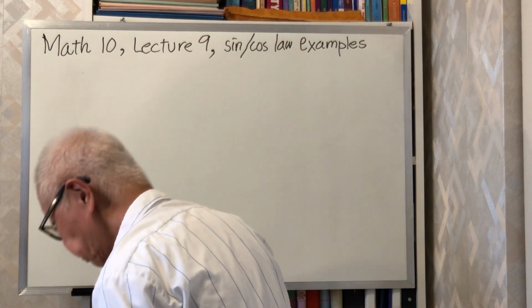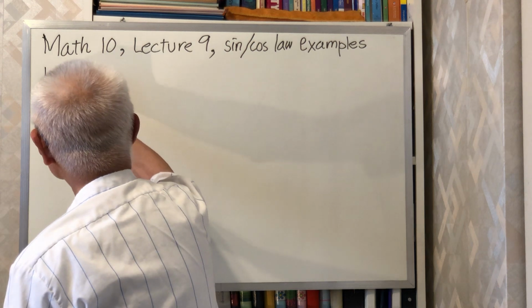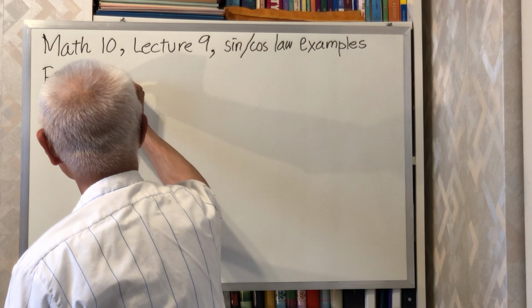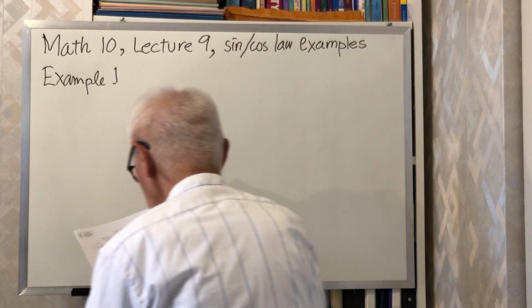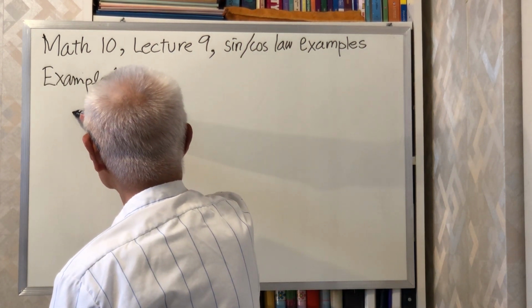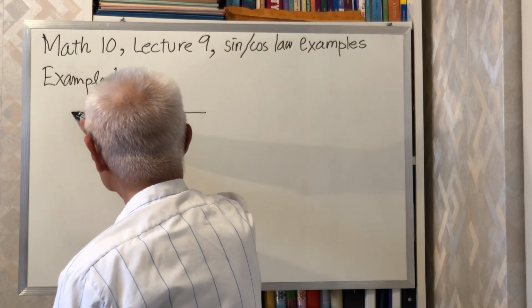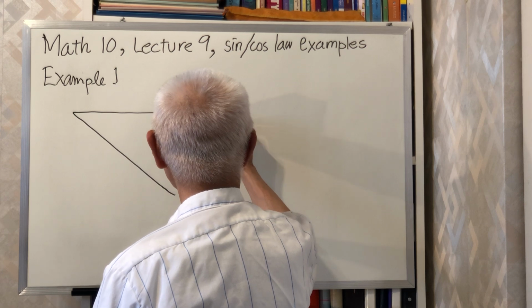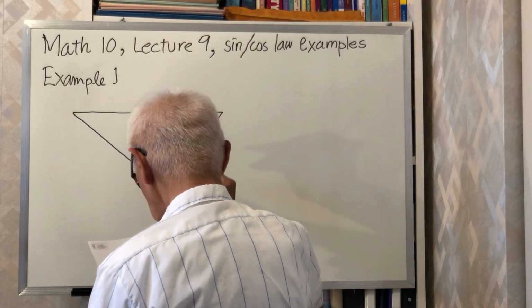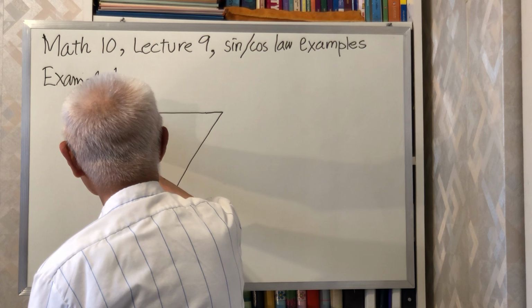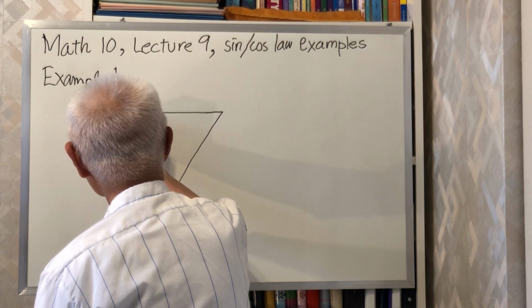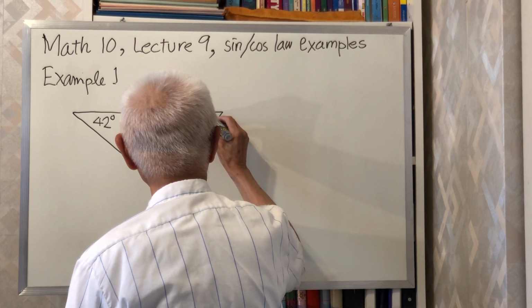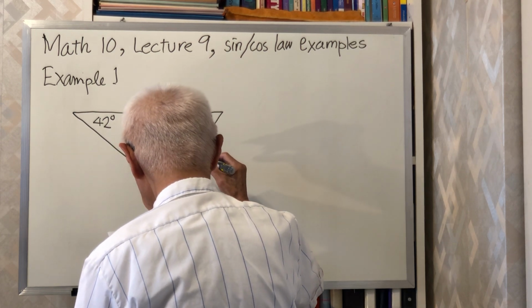Example 1. So I have a triangle with angles 42 degrees and 71 degrees.